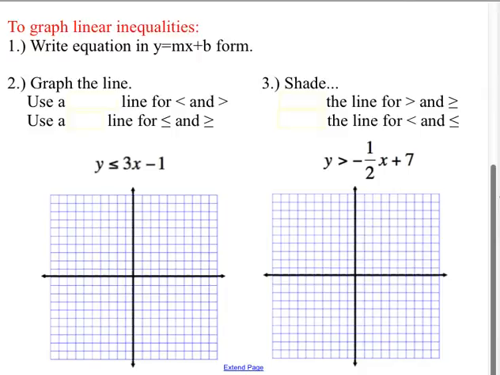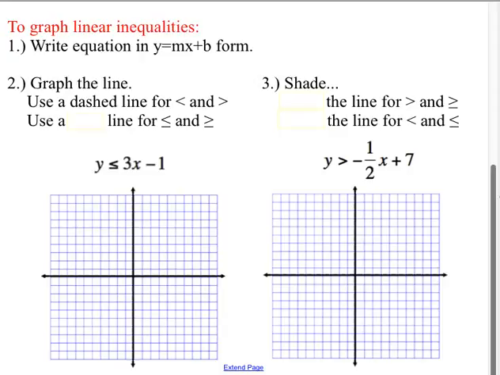All right, so let's try linear inequalities. First, you need the equation in y equals mx plus b form. And we discussed this back in section 2.3 also, right? The only way to graph lines is if it's in y equals mx plus b form. And then you have some decisions to make. The line is dashed if it's strictly greater than or strictly less than.